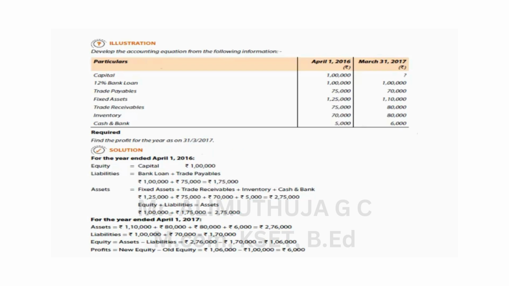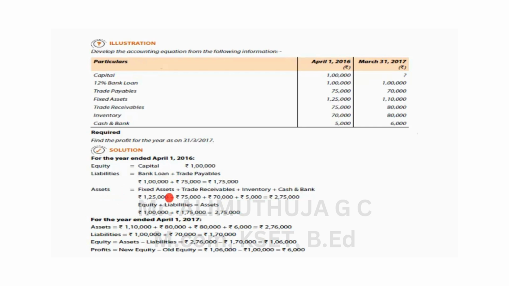This is very interesting because the application works here. Now the solution. For the year ended April 1st 2016, equity, which is nothing but capital, was 1 lakh rupees as given in the illustration. Liabilities are bank loan plus trade payables, 1 lakh and 75,000, so liabilities became 1,75,000.